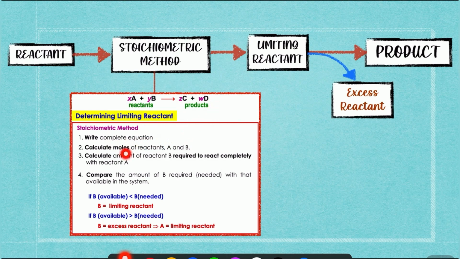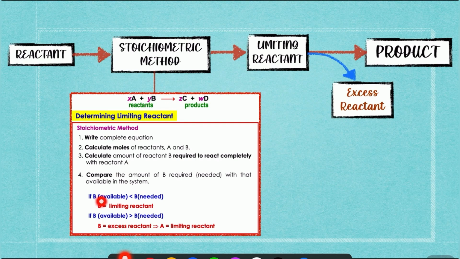Calculate the mole of the reactants A and B. Because you want to determine the limiting reactant, you will be given the mass of the reactants, then you need to calculate the mole of the reactants. Then you compare mole A and B, and calculate the amount of reactant B required to react completely with A. So you compare between these two reactants.